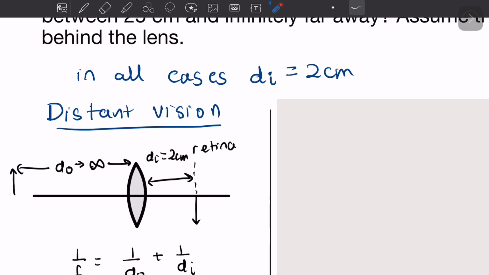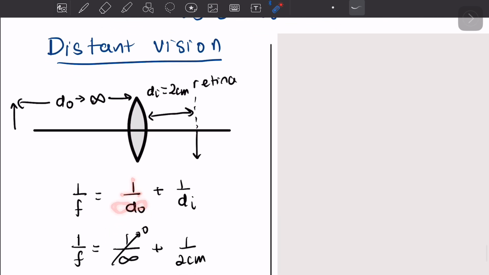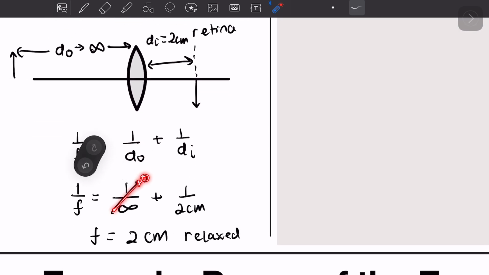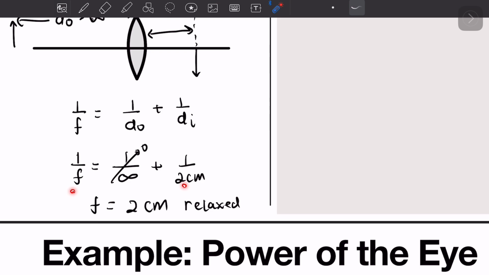For object distance, we're going to take the limit as object distance goes to infinity. So when you do 1 divided by a really large number, we get basically 0. So this fraction goes to 0. Then we have 1 over d_i, 1 over 2 centimeters. So pretty much 1 over f equals 1 over 2 centimeters. That means the focal length of the relaxed eye is 2 centimeters. And in a minute, we're going to calculate what power this corresponds to.